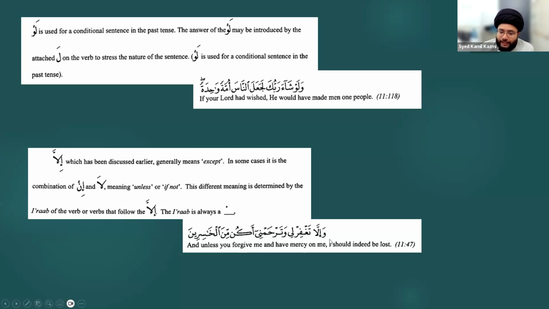For example, in this case, وَإِلَّا تَغْفِرْ, if this was an exception, it wouldn't be تَغْفِرْ, because the exception wouldn't come on a verb. You can't say, everybody came except for running. That doesn't make sense, right?